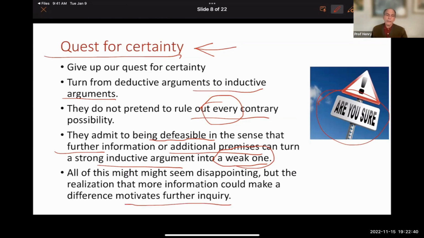Now, all of this might seem disappointing, but the realization that more information could make differences motivates further inquiry. And I say that because when we're trying to determine what kind of research project we want to do, somebody comes up with a conclusion that blah, blah, blah is blah, blah, blah.